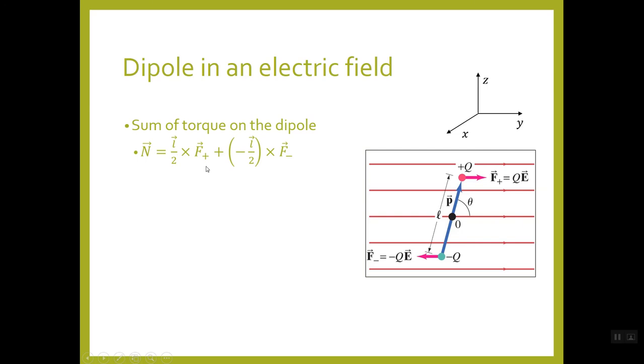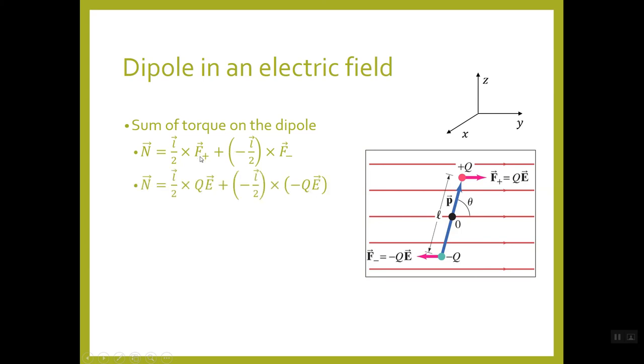Torque is our lever arm crossed with the force. If we put the origin at the center between the two charges, the lever arm for the plus charge is L over 2 cross the force F plus. The lever arm for the minus charge is minus L over 2 cross F minus.